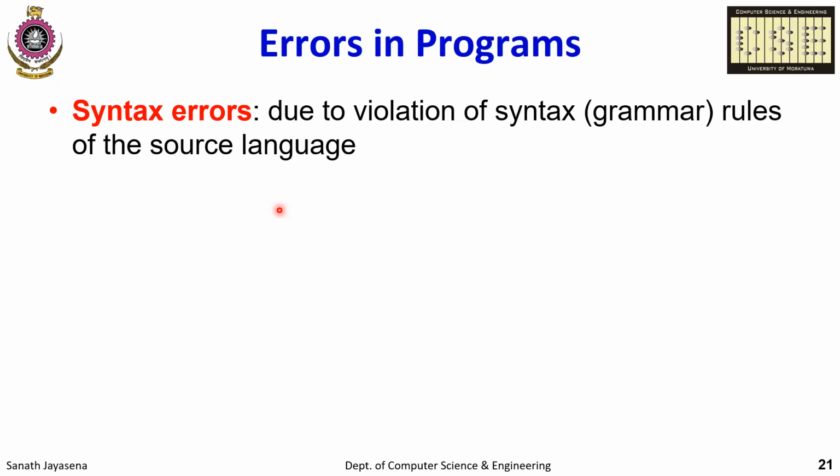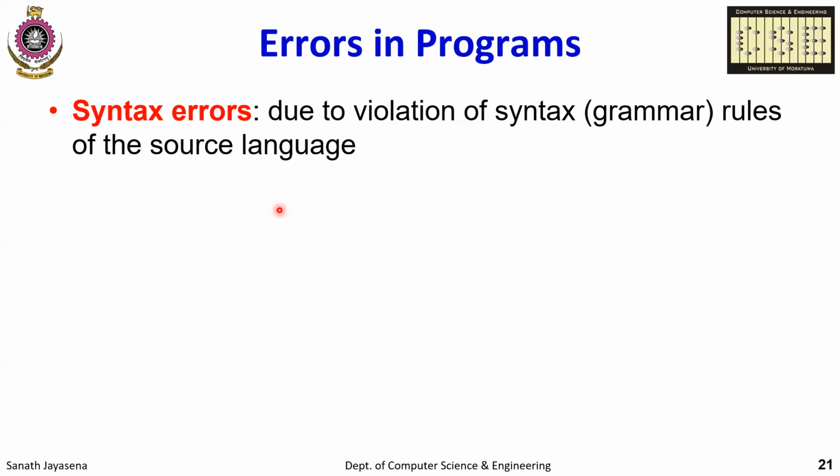In the case of interpreters, usually what happens is, let's say you have a syntax error in line number 5, but lines 1, 2, 3, 4 can get executed. And then when the translation happens at line number 5, the interpreter will complain and stop. So that kind of different behavior can happen.